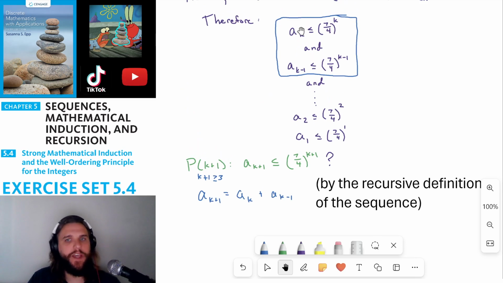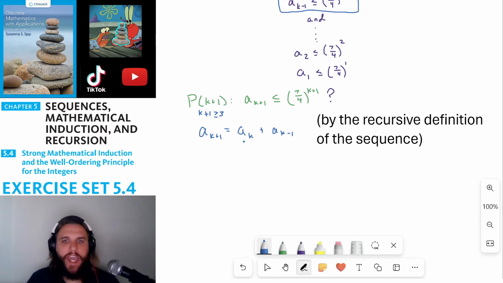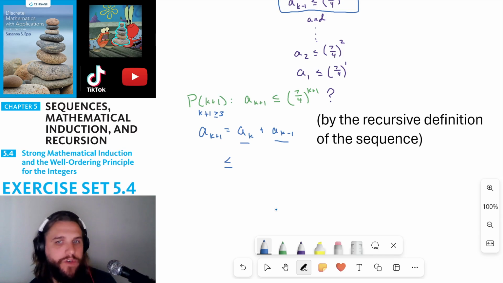We know some things about a sub k and a sub k minus 1. They're both less than or equal to something. And so what I'm going to do is take these numbers and make them bigger. So instead of putting equals here, I'm going to put a less than or equal to symbol. And this is where this proof is a little bit different than the previous mathematical induction problems we've solved so far.